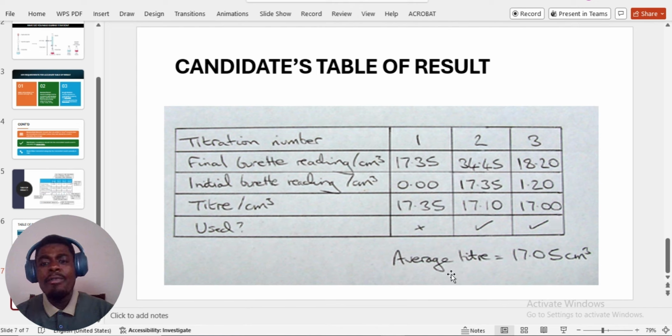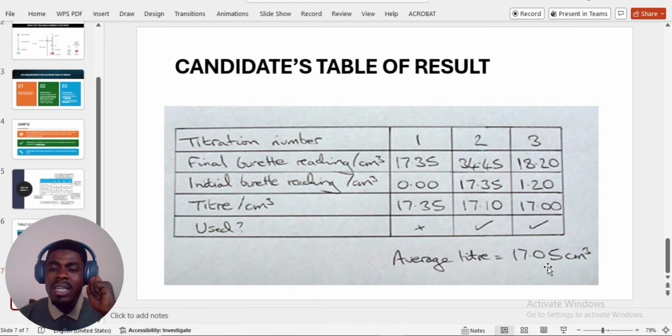You can see the student finding the average titer, putting 17.10 and 17.00, dividing by 2, and getting 17.05 cm³. Excellent result, and this student is going to get full marks on the table.